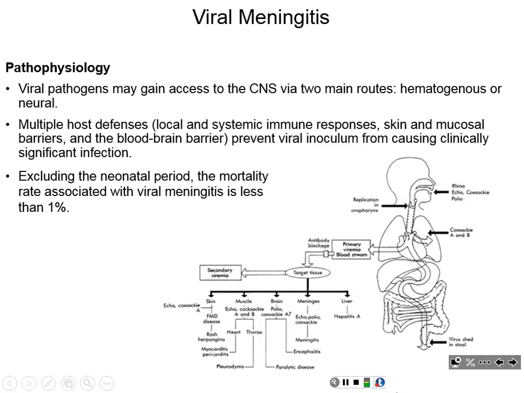So the pathophysiology here, viral pathogens gain access via two routes: hematogenous, through things like that upper respiratory infection, or neural spread. So pretty much only viruses are going to have neural spread from peripheral nervous system into the central nervous system. We have a lot of host defenses that are pretty good at controlling viral infections.